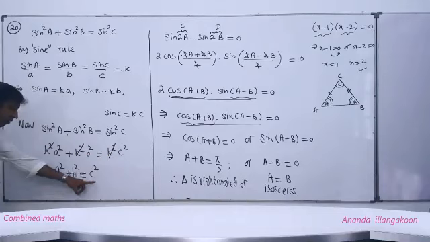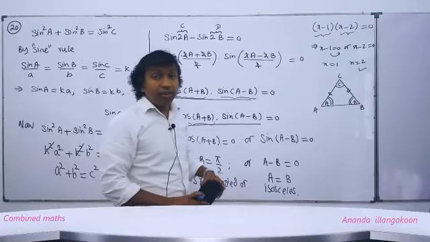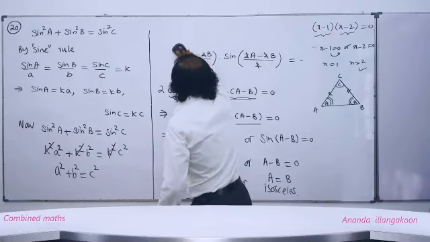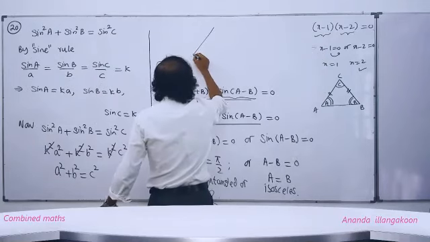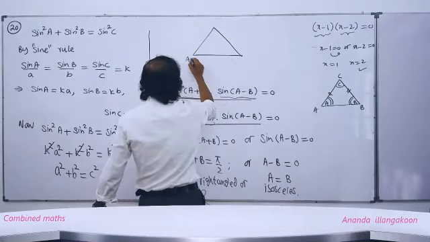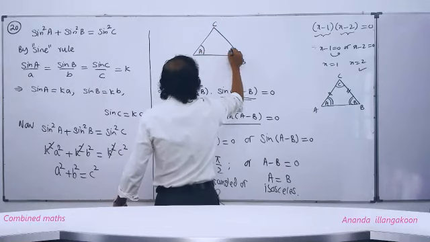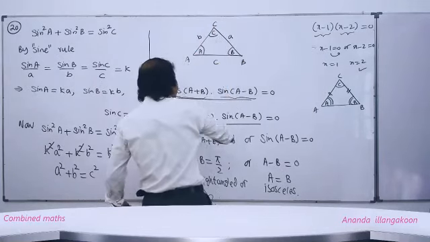What do you understand by this relation? A, B, C are the lengths of the sides of the triangle. Considering triangle ABC, this angle is A, this angle is B, this angle is C, this side is a, this side is b, this side is c.